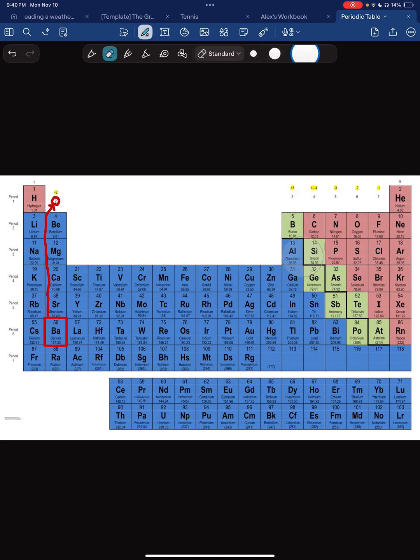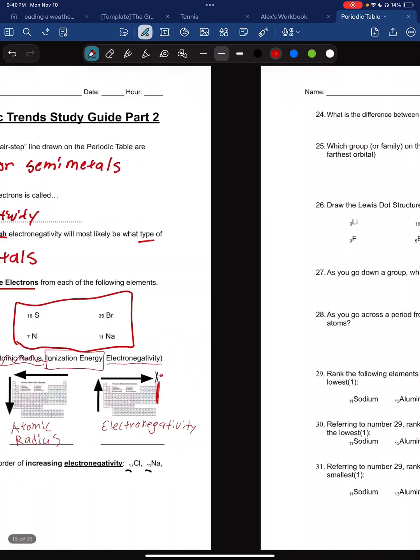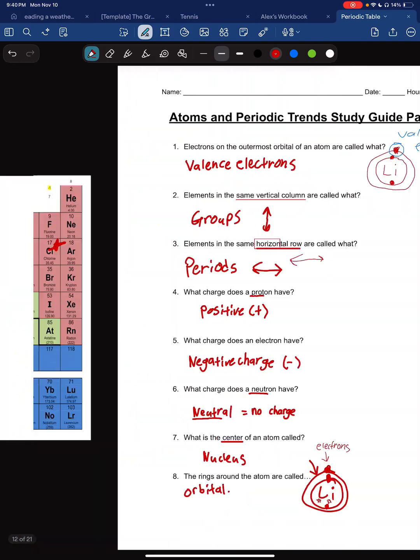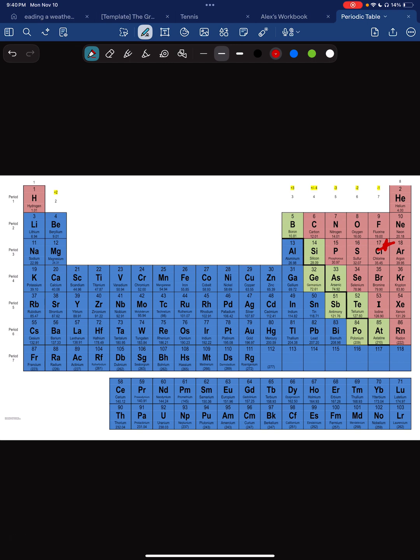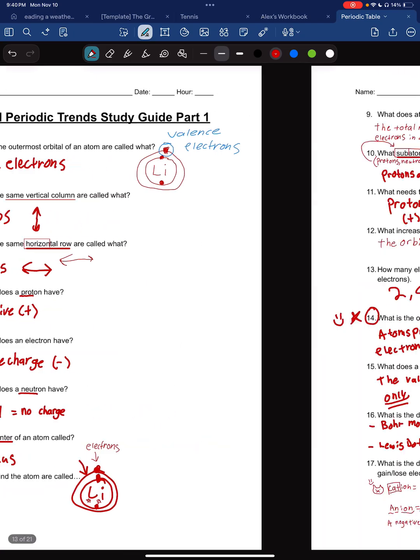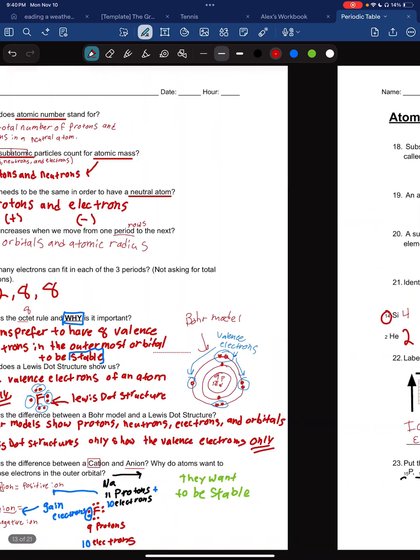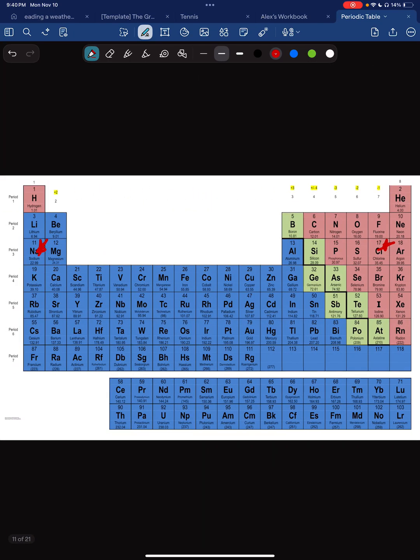Chlorine is element 17, which is right here. Then we have sodium, which is element 11, which is right here. Then we have element 15, phosphorus, which is right here.